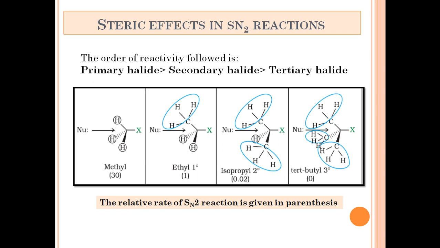And in the tertiary butyl group we see the bulkiness of the 3 methyl groups. The nucleophile does not easily approach or reach the carbon where the halogen atom is attached. So that's why methyl chloride is more reactive, or we can say primary halides are more reactive than secondary halides than tertiary halides.